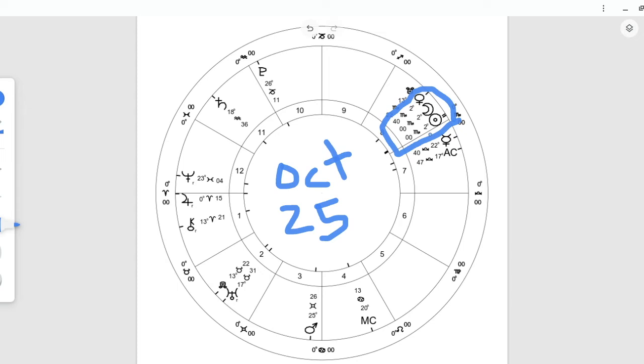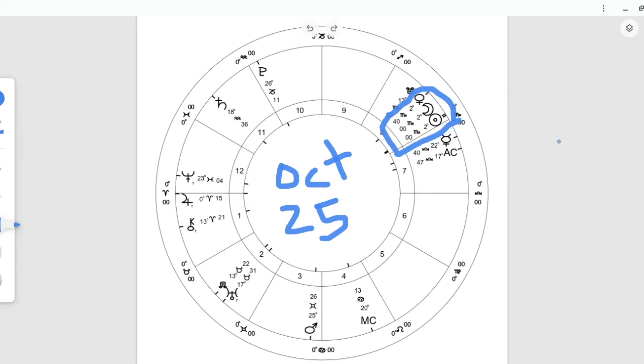The other thing is, this always happens, right? When any planet makes a conjunction to the Sun, eventually they're going to fall into combust. They're also going to be in a combust position in the lead up to that, unless, of course, they're in their own sign, which was the case for Venus leading up to this because she was in Libra, which is her own sign.